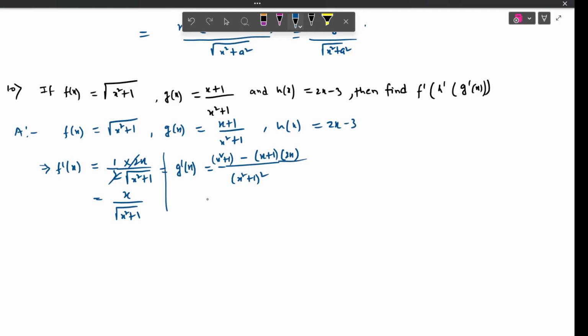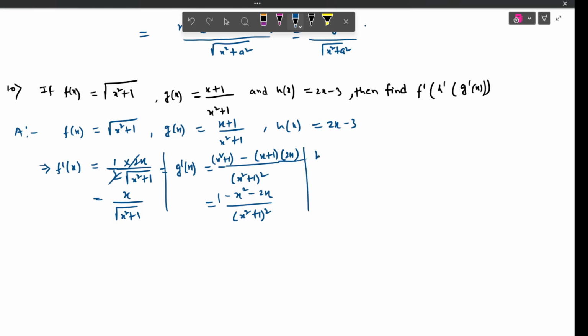Okay, so if we simplify, you can see this is minus 2x square plus x square, that means minus x square. This is minus 2x, and this is 1. So 1 minus x square minus 2x by x square plus 1 whole square.